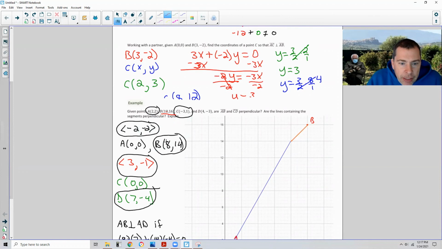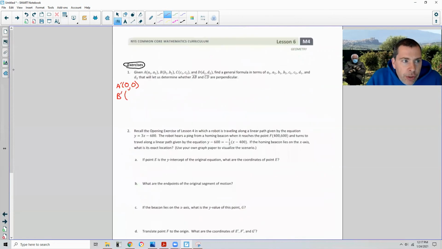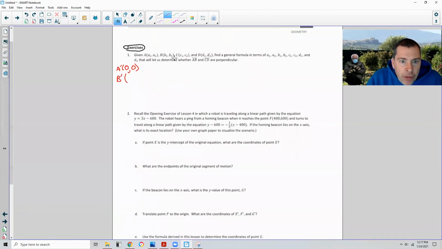I took 16 minus 2 and got 14. So I'm going to do the same with my B1, B2. It's going to end up being B sub 1 minus A sub 1, comma, B sub 2 minus A sub 2. So there's my new point B. I just subtracted what A was.